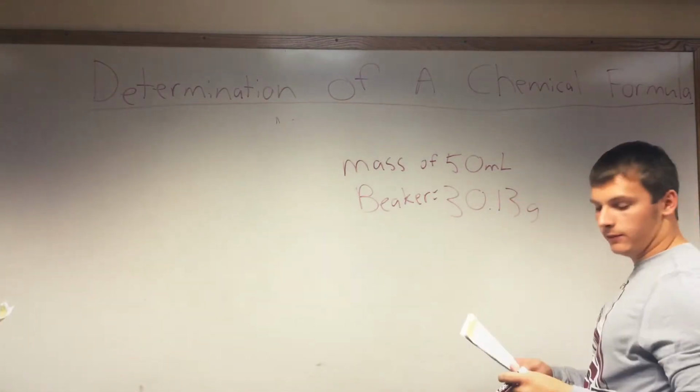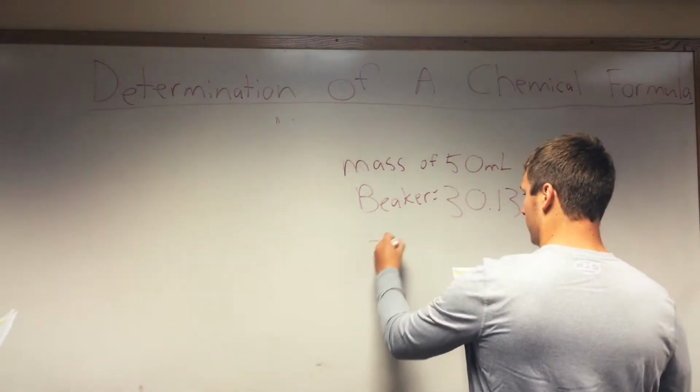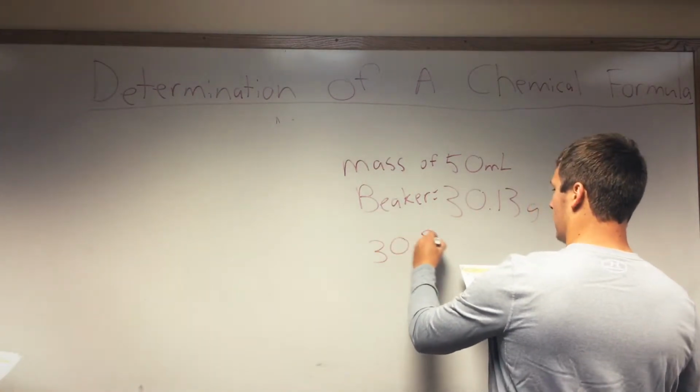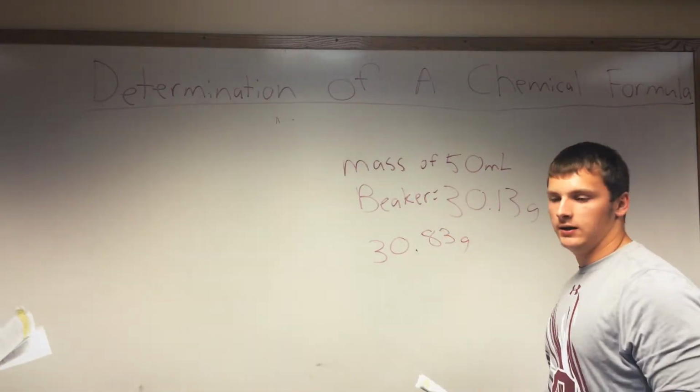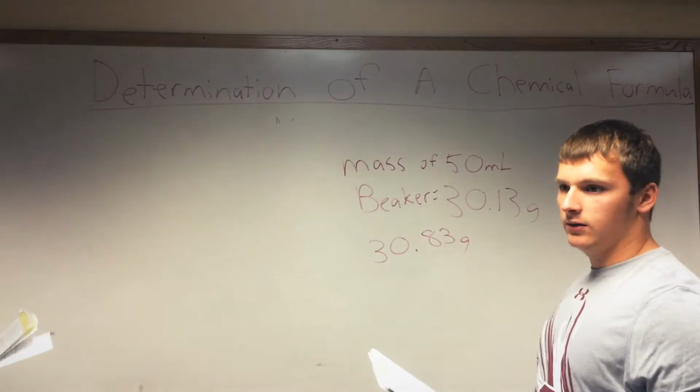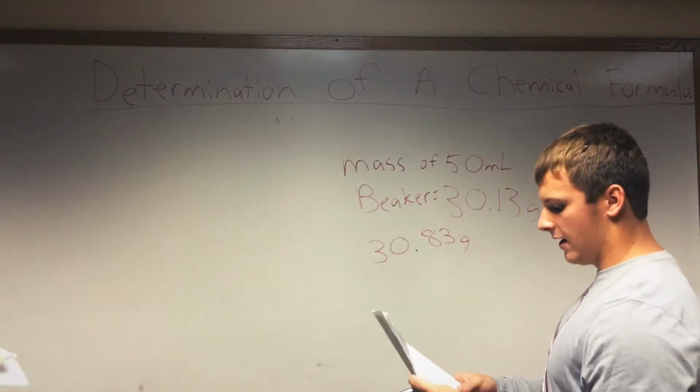So then we had to get the mass with the zinc and the beaker, so that was 30.83 grams. So to find the mass of the zinc, we have to take the mass with the zinc and the beaker and subtract the mass of the beaker to find the actual zinc.